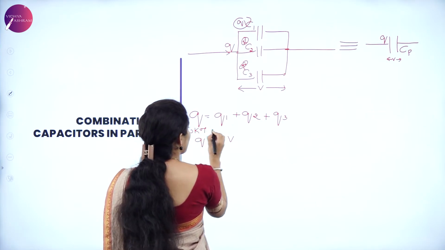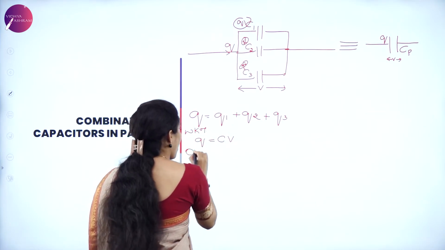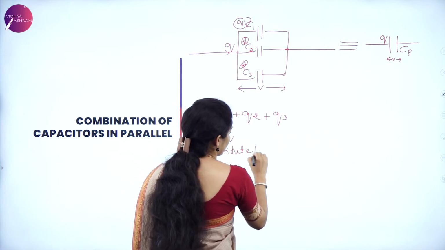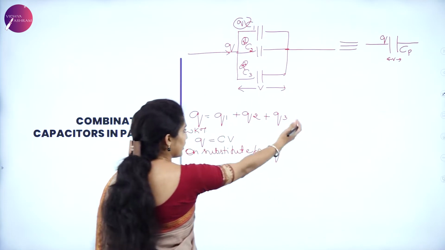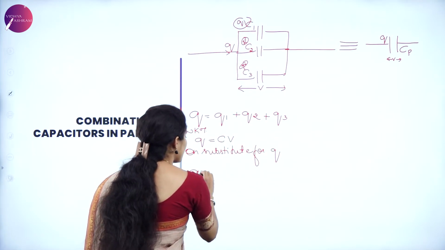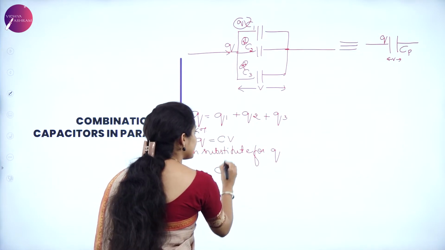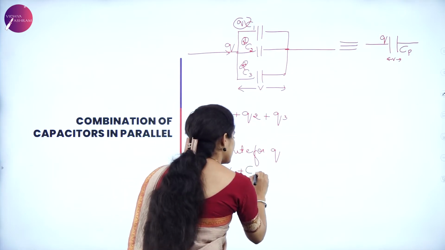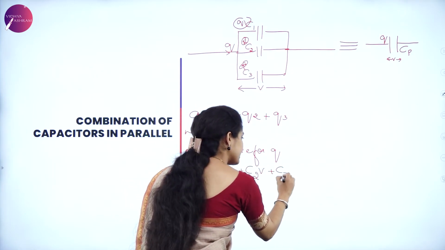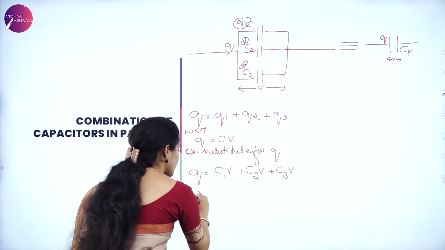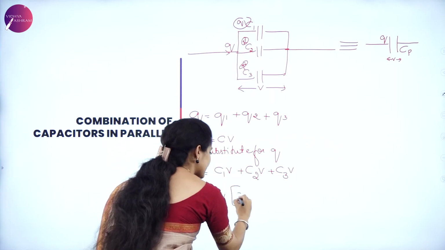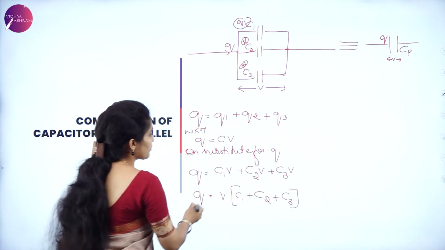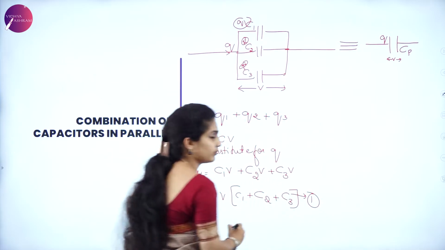We know that Q is equal to C into V. On substituting on the right hand side, Q1 is C1 V because capacitor 1 has potential V, plus C2 V plus C3 V. So V is common, and I can take V out: Q is equal to V times C1 plus C2 plus C3. Call it equation 1.